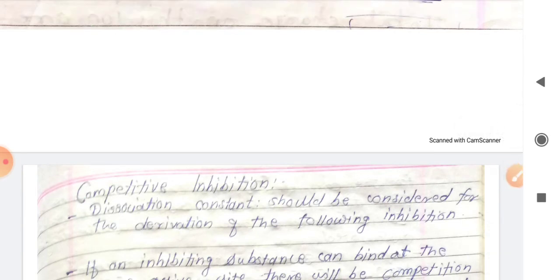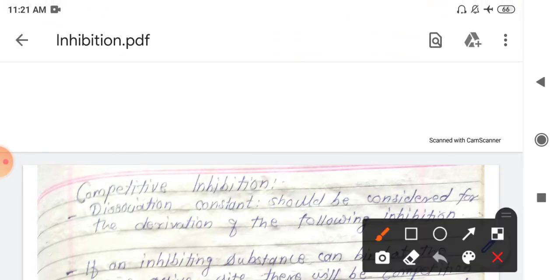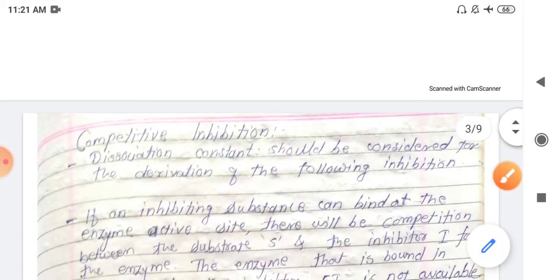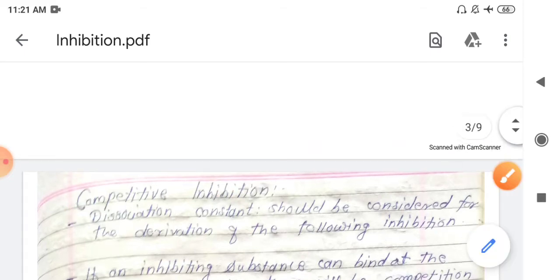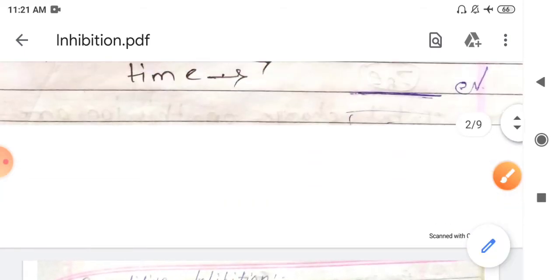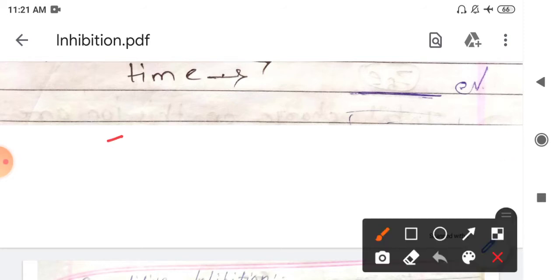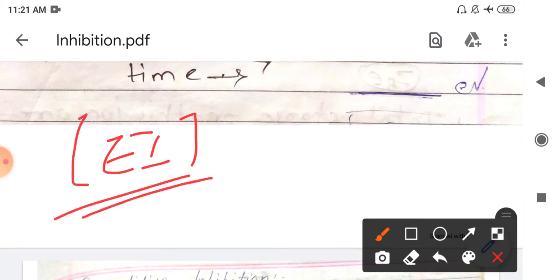Depending upon which type of enzyme inhibitor complex is formed, there are three types of mechanism. The first type of mechanism is competitive inhibition. All these mechanisms involve enzyme inhibition, or the enzyme inhibitor complex, which is ultimately going to form.